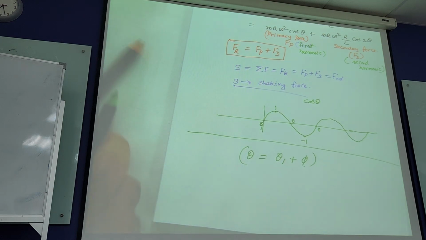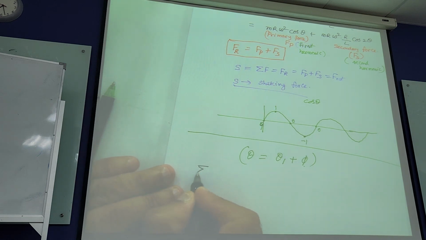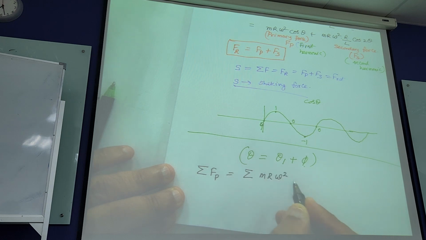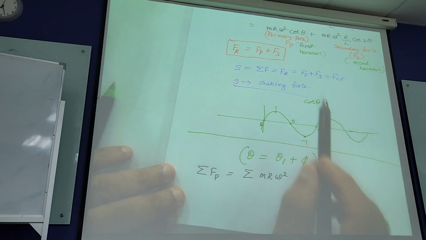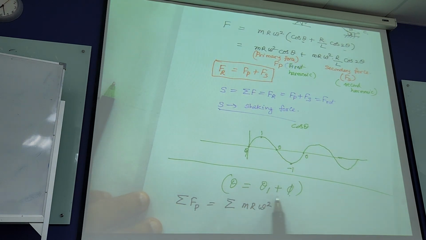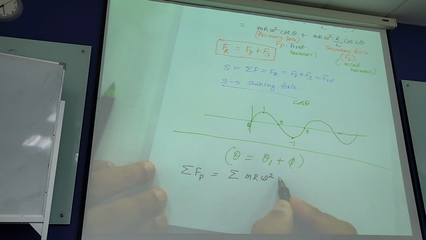Once you write it like this, you can write the sum of the primary forces. So the sum of the primary forces is the sum of m r omega square, where we replace theta with theta 1 plus phi.